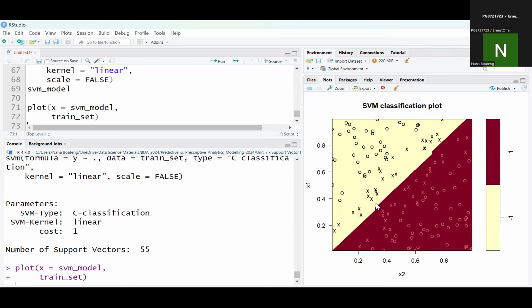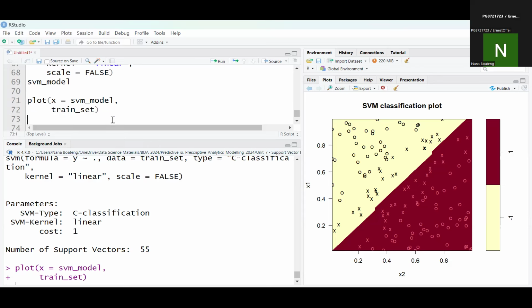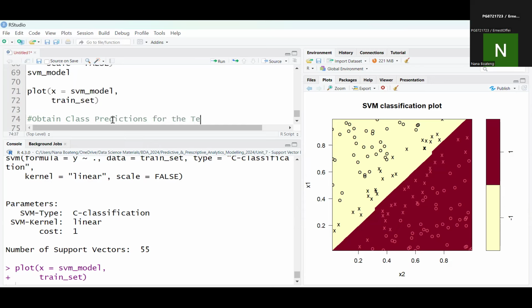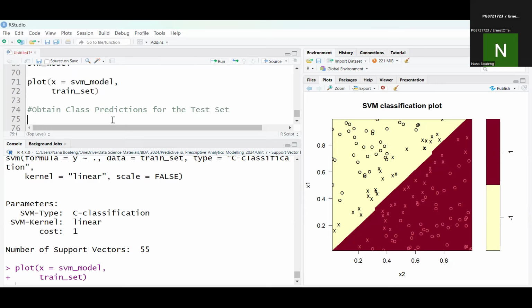So now let's obtain class predictions for the test set. Okay, so let's predict.